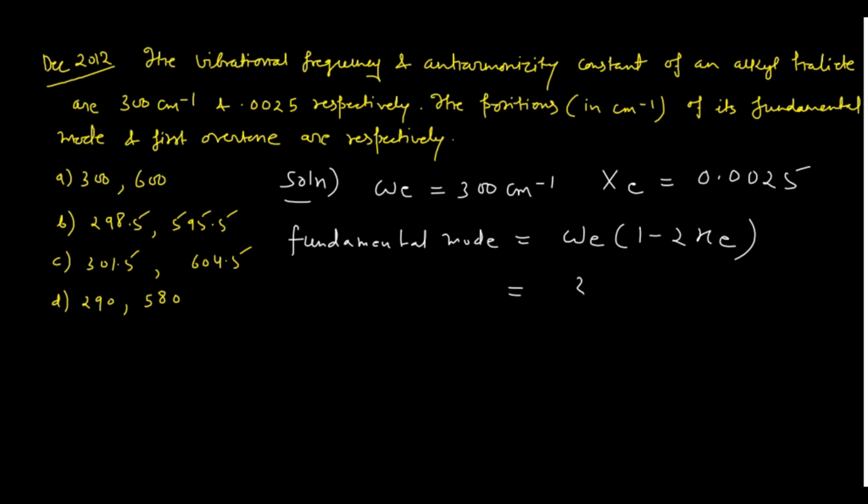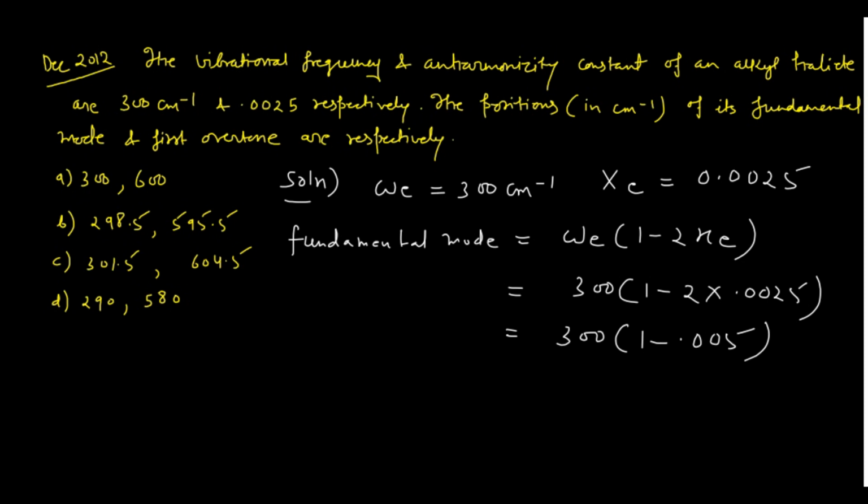So omega E is 300 centimeter inverse, times 1 minus 2 times 0.0025. That means it is giving you 300 times 1 minus 0.005.